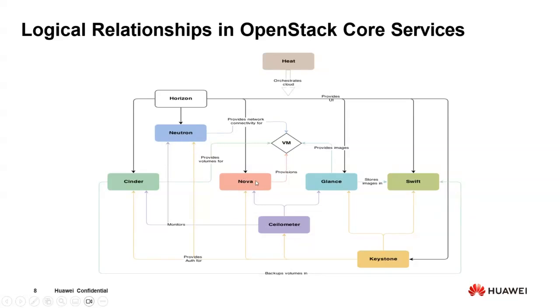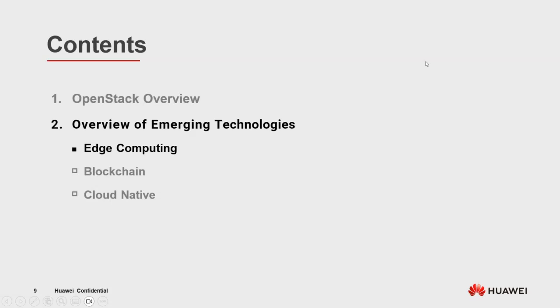Nova provides compute services. So these are the relationships, how they work together. So that's the end of the software called OpenStack. This is another trend in cloud services. So we go to the next one, which is edge computing.